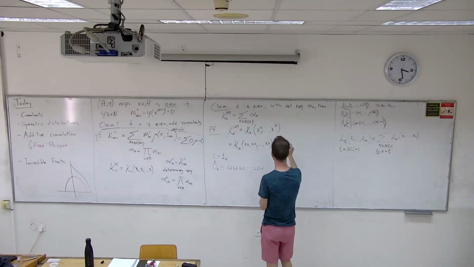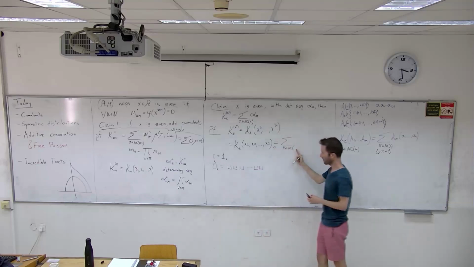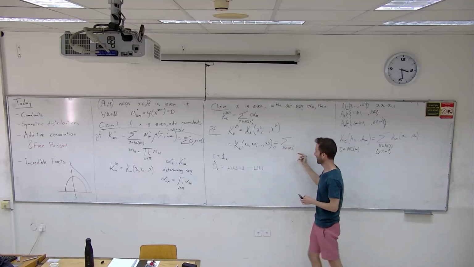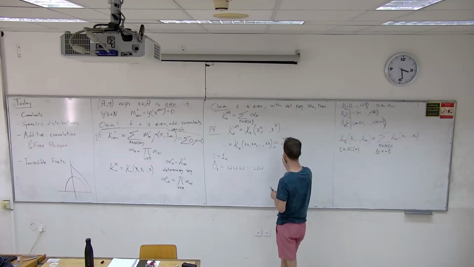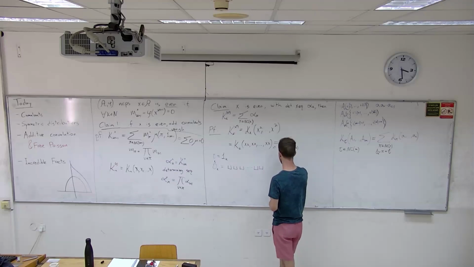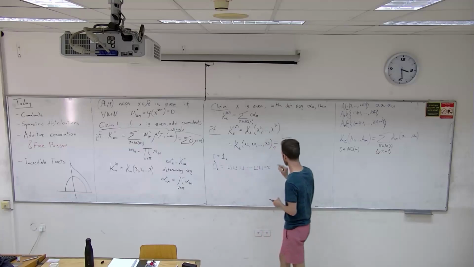And I get that this equals the sum over non-crossing partitions of size... what size do I care about here? 2K, right? Such that these pi's, let's have a name for this one, will be denoted by sigma.